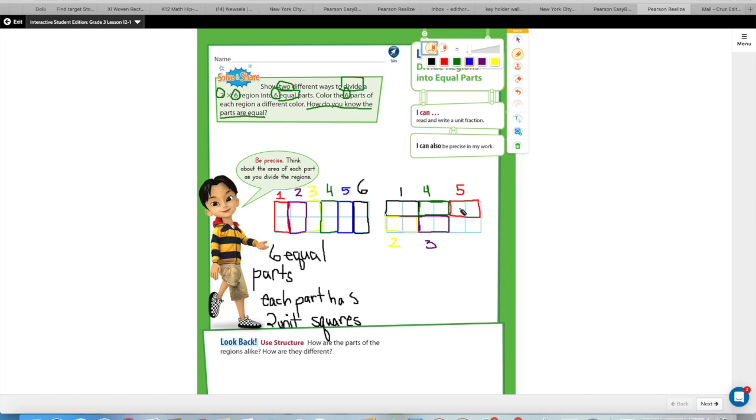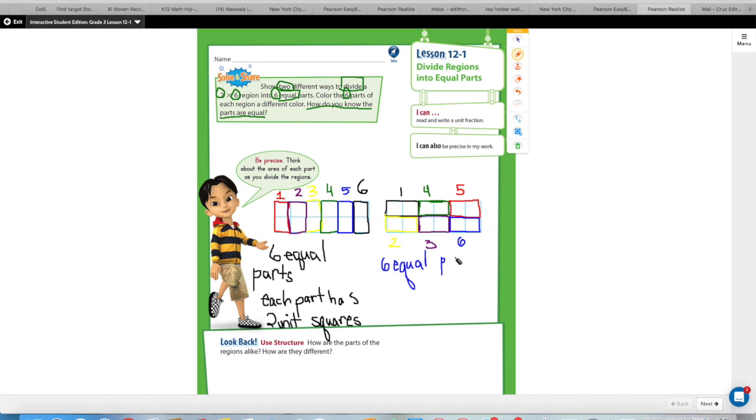And we now have six parts. So each part has 2 unit squares. It's still 6 parts, it's just divided differently. So we have 6 equal parts, and in each equal part, there are 2 unit squares.